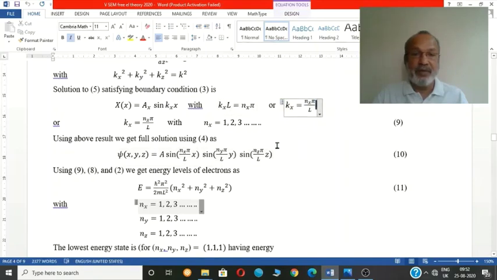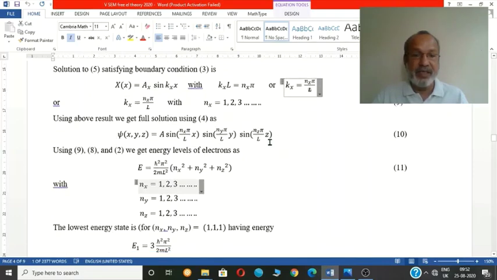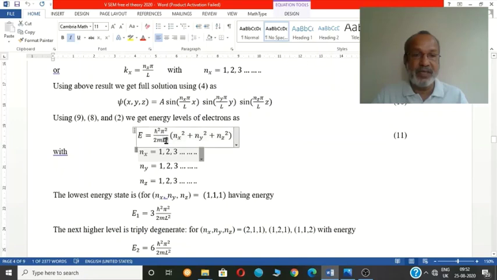So in all cases we have got L there, so we are taking L outside. Actually, when you take kx square, ky square, kz square, an L square will come in the denominator, and that L square is taken outside, and here we have nx square plus ny square plus nz square.